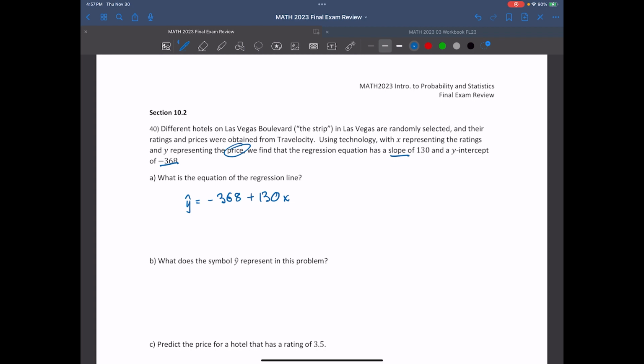So y hat is the predicted price for a given rating, because x represents the rating.